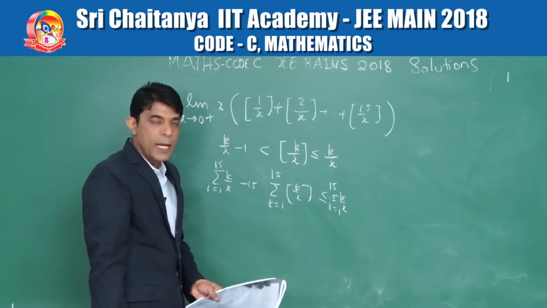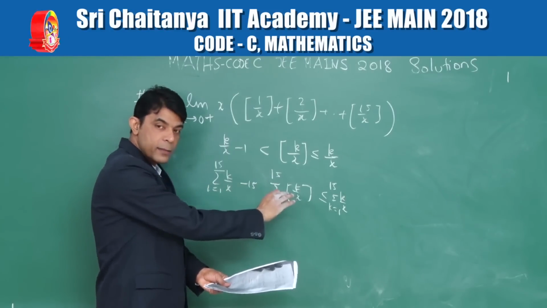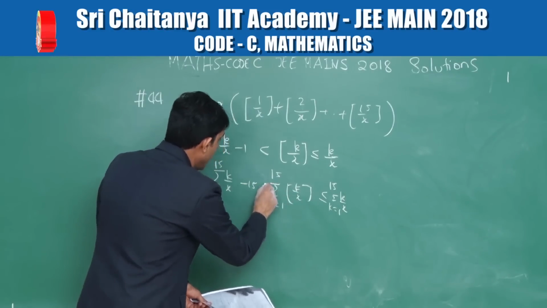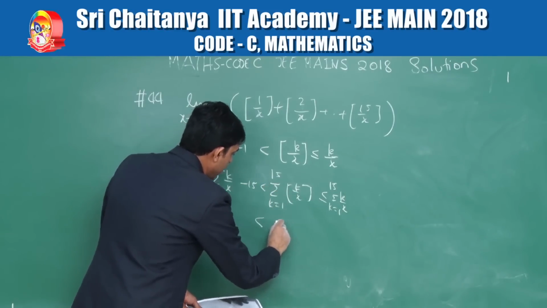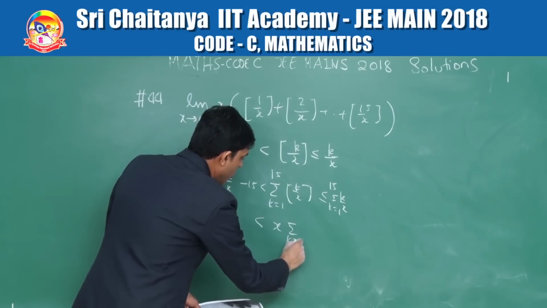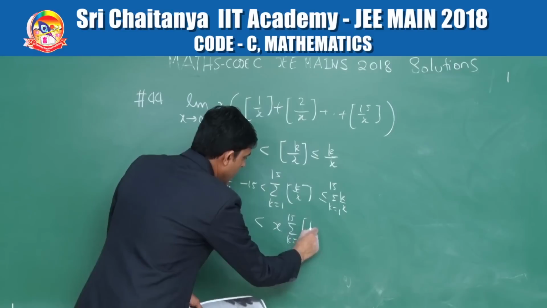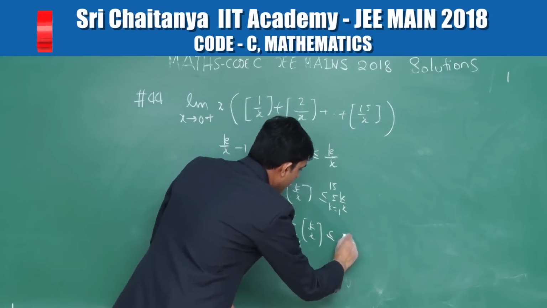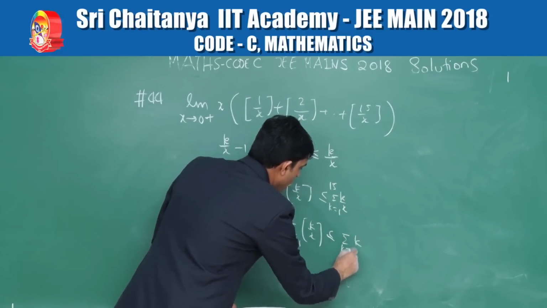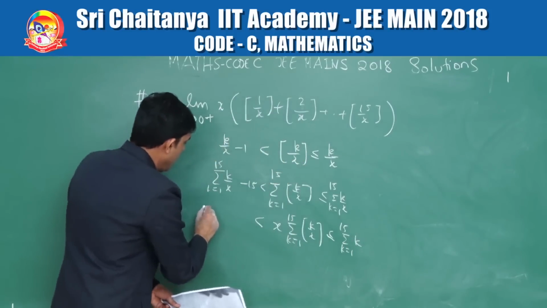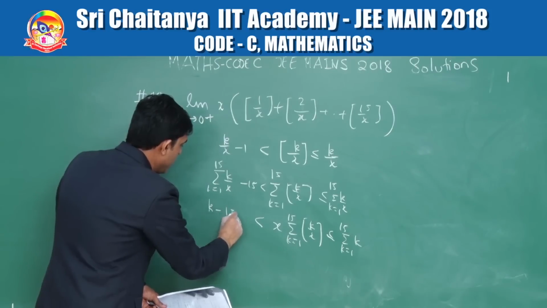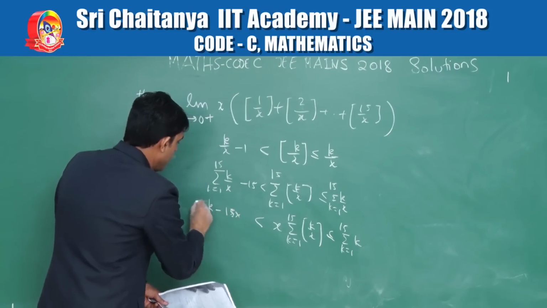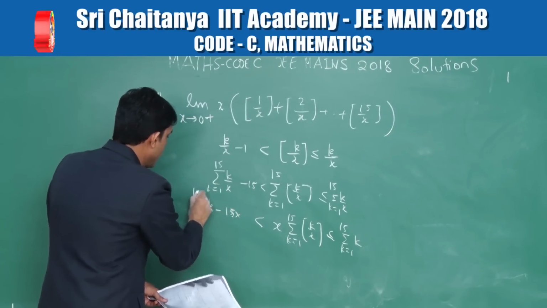Let's multiply throughout by x. That gives you sigma k from 1 to 15 minus 15x.